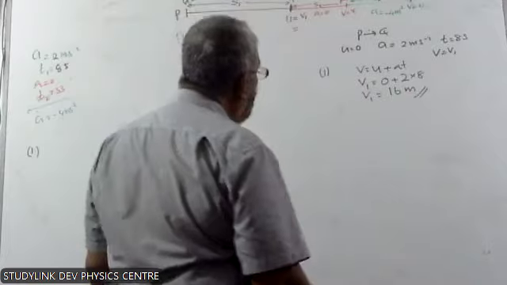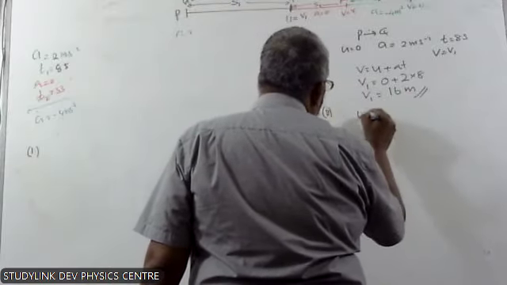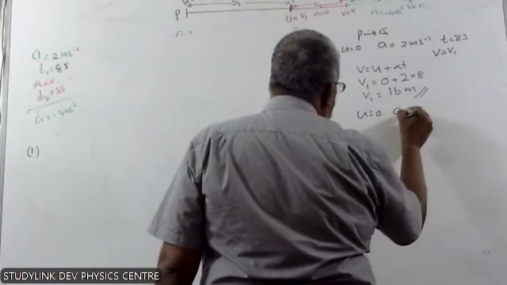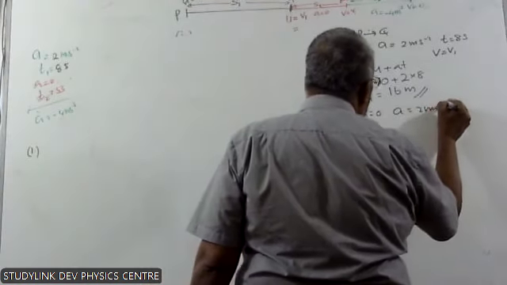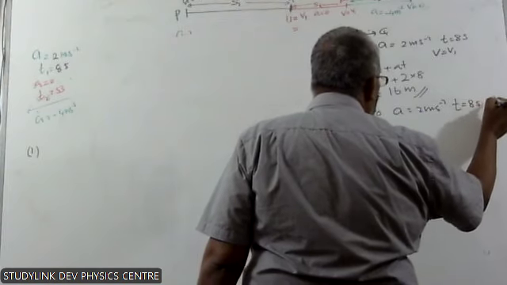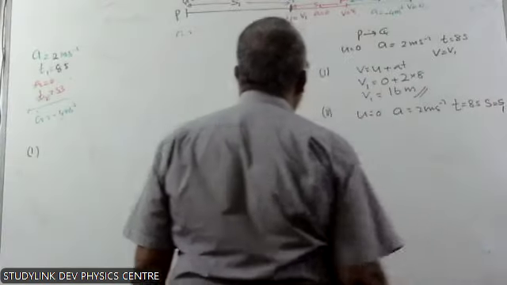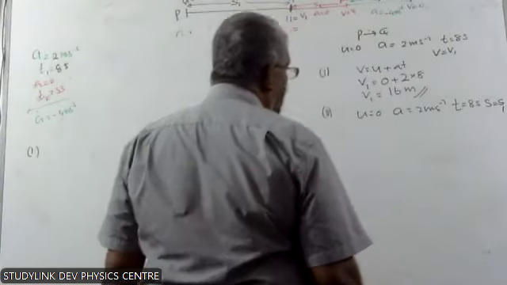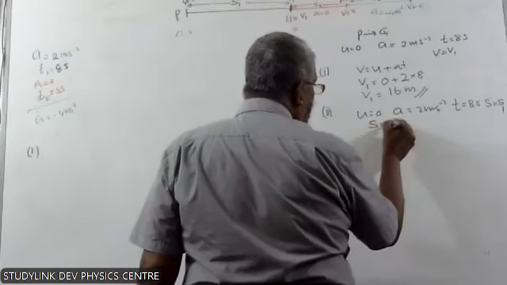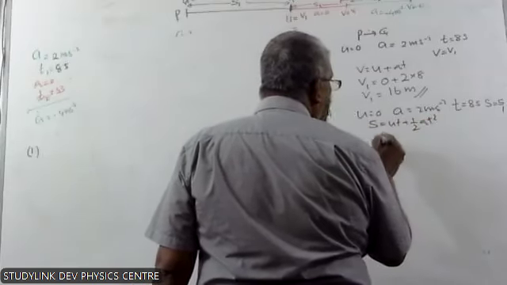After that, S. u is equal to 0, a is equal to 2 m/s², t is equal to 8 seconds, and s is equal to S1. From that, we can use s is equal to ut plus half at squared.